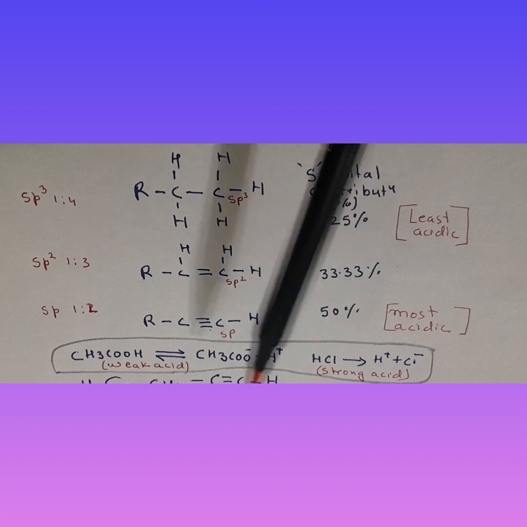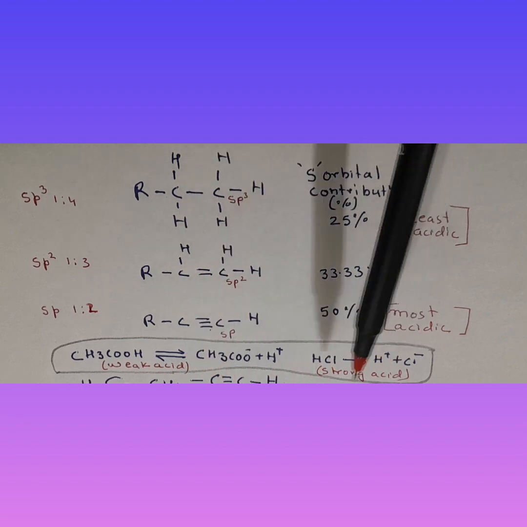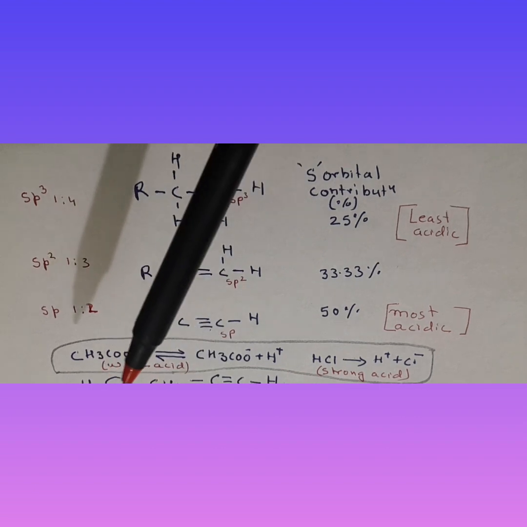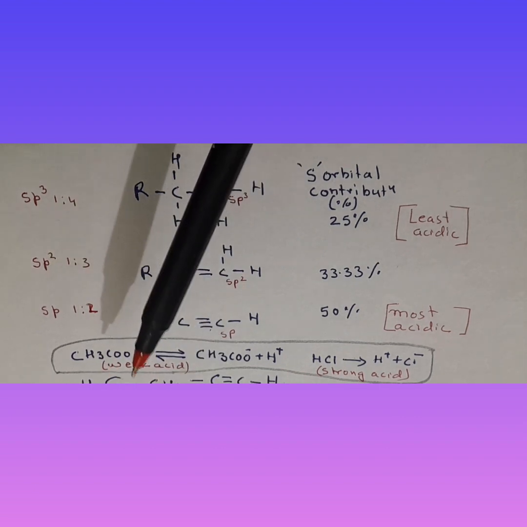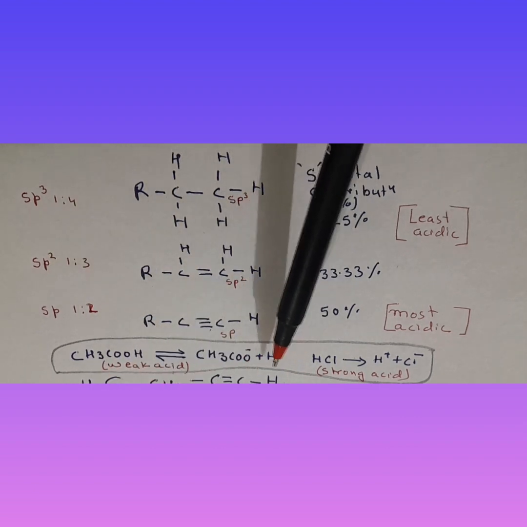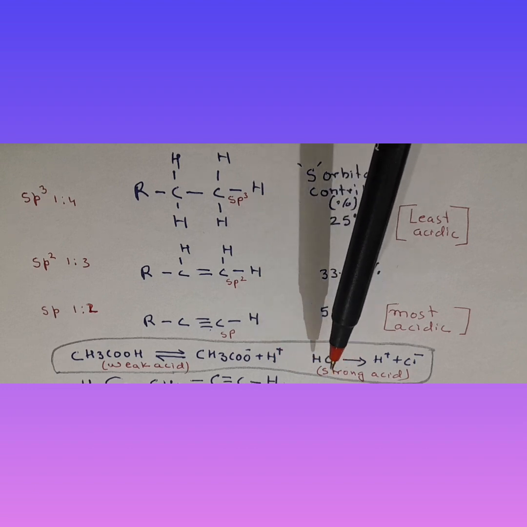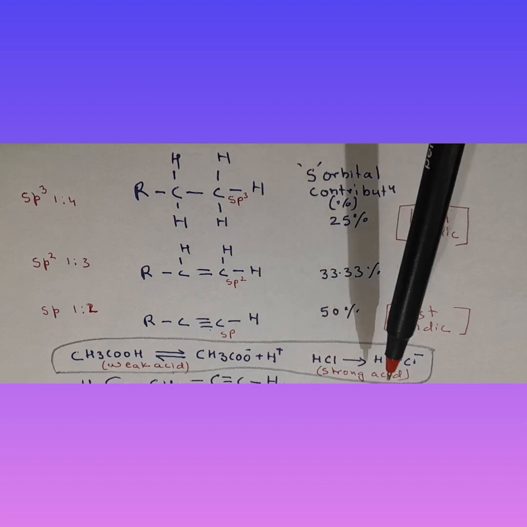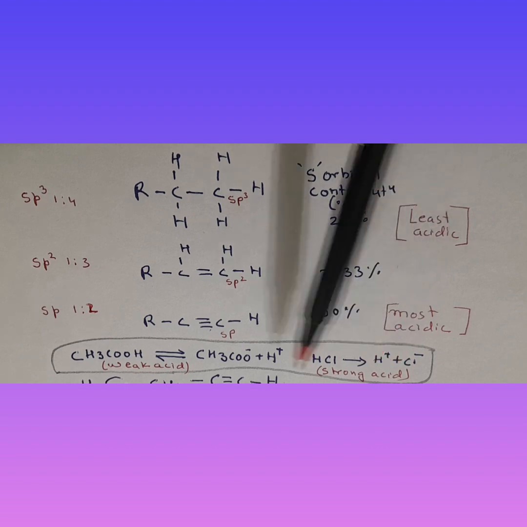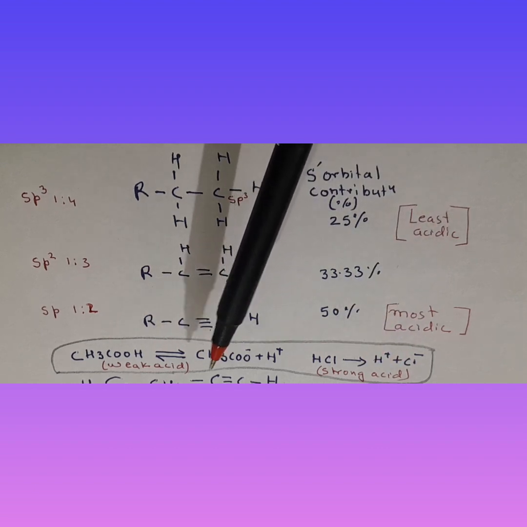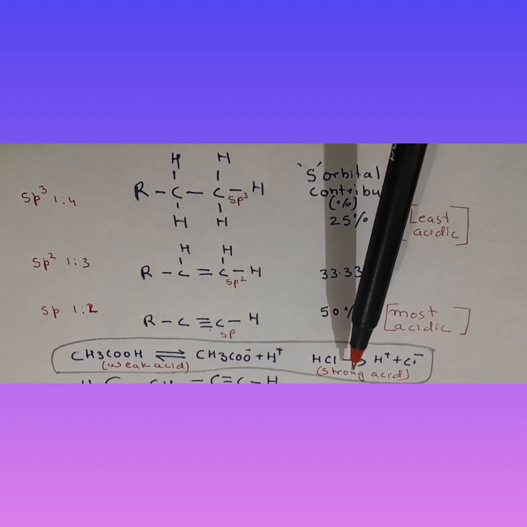It's all based on hydrogen ion concentration in solution. In a solution with acetic acid, the hydrogen ion concentration would be very low. In a solution with hydrochloric acid, there would be very high hydrogen ion concentration. That is what is meant by weak acid and strong acid.